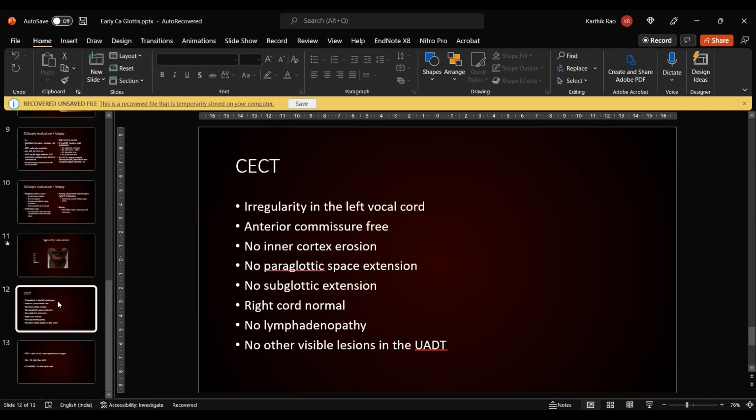When you're talking about voice outcomes, you said you will do a GRBAS score. Are there any other methods to assess the voice, especially when I want to compare patients who have undergone RT versus patients who have undergone surgery? Ma'am, there is the CAPE-V voice assessment score that we can use.